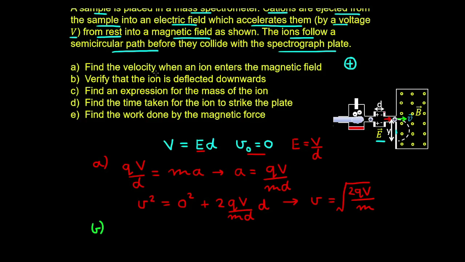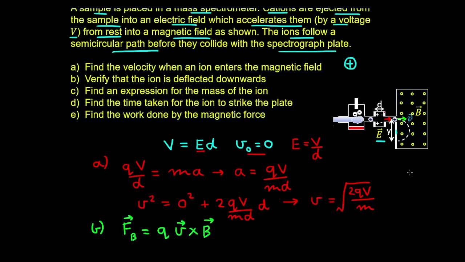And in part B, we're asked to verify the ion is deflected downwards. So remember, the magnetic force is the charge by the cross product between the velocity and the magnetic field vector.